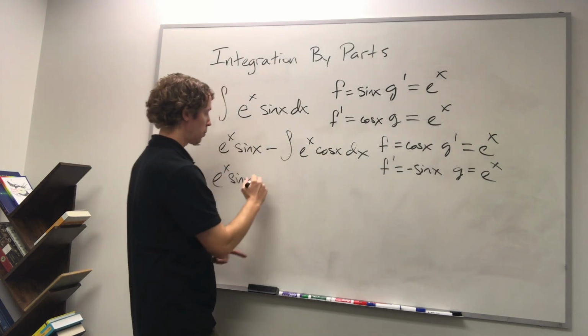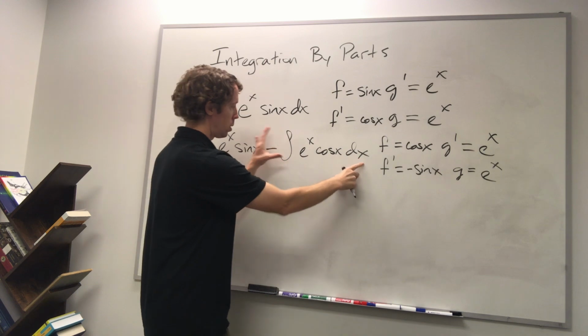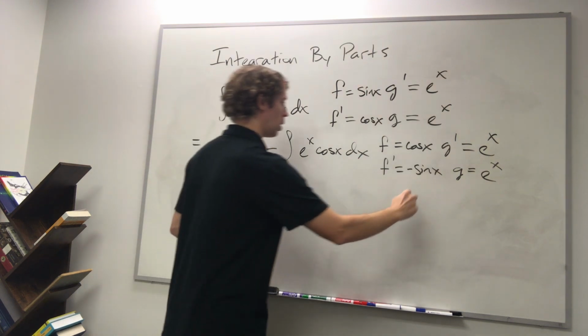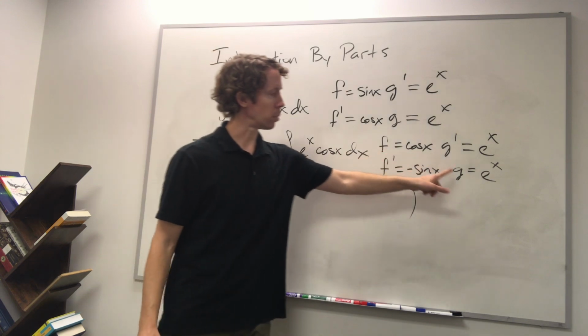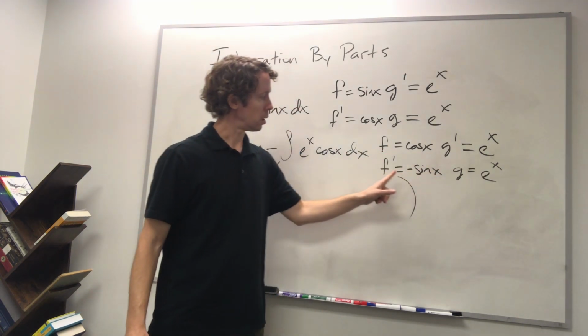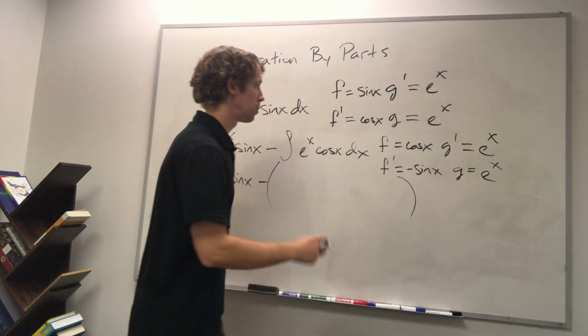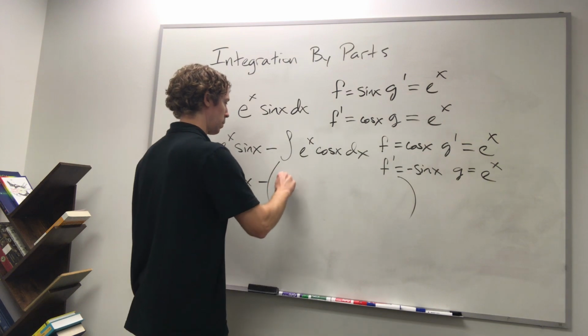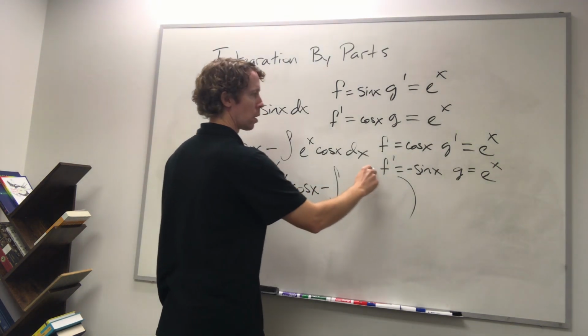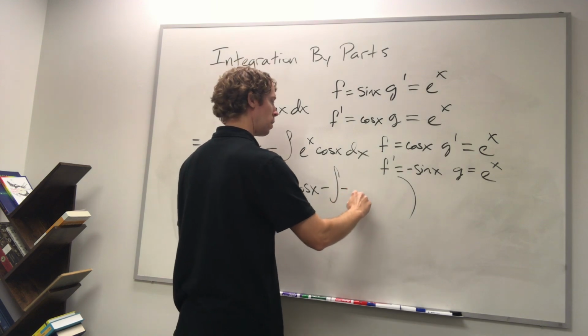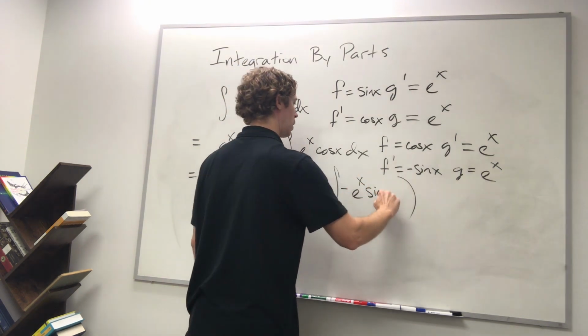But this, I now know, so I'm going to put all this in parentheses. This is equal to f times g minus the integral of f prime g. F prime g is negative e to the x sine x.